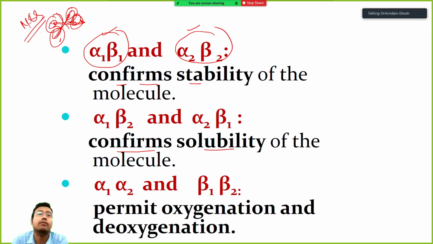And the main function of hemoglobin, that is cooperative binding and oxygenation and deoxygenation, we should take into consideration both alpha subunits, alpha 1, alpha 2 and beta 1, beta 2. Just remember these. I cannot make you understand because this is simply fact.